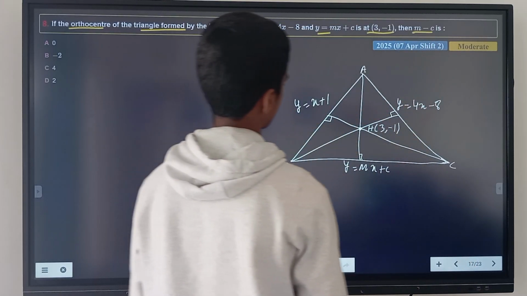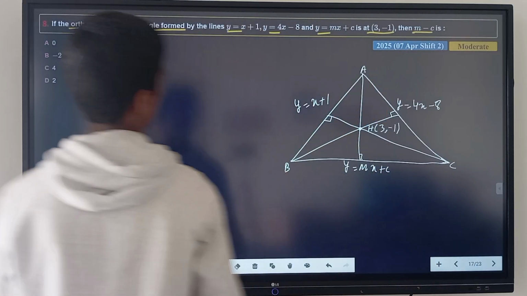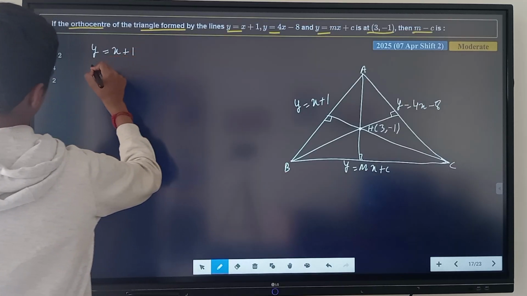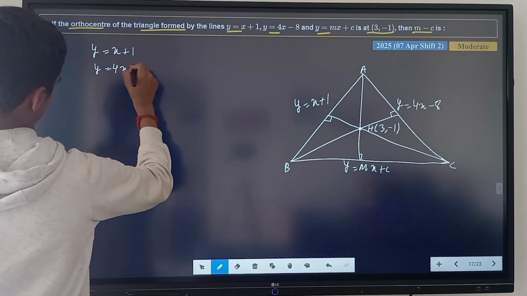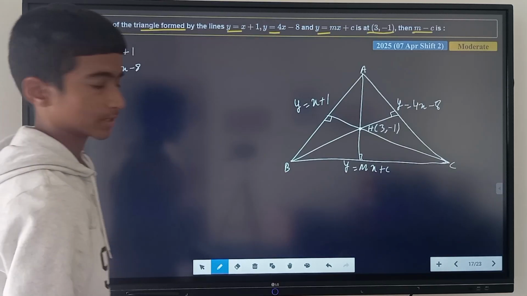Now let's find the coordinates of the point A. Now our y is equal to x plus 1 and y is equal to 4x minus 8. We will put y is equal to x plus 1 and y is equal to 4x minus 8.